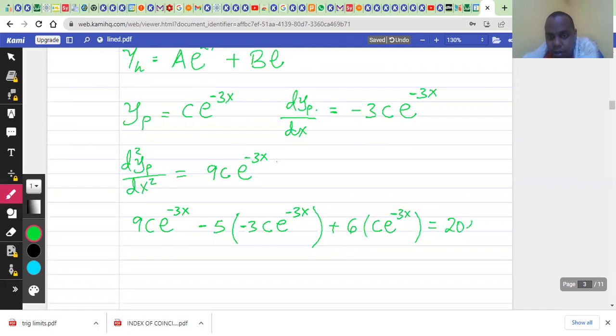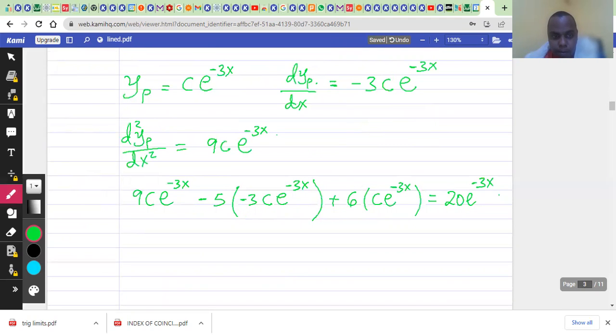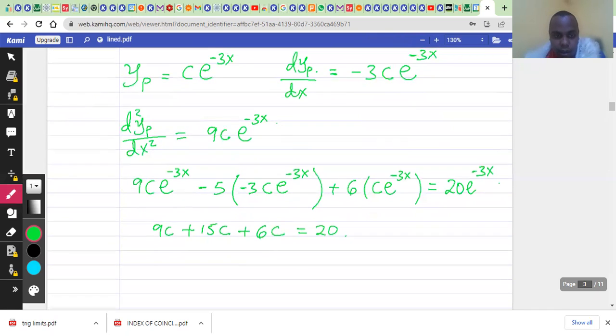And this equals 20 exponential negative 3x, right? So this only means that 9c plus 15c plus 6c equals 20. 9c plus 6c is 15c, plus 15c again, that is 30c equals 20, and this only means that c equals 2/3.